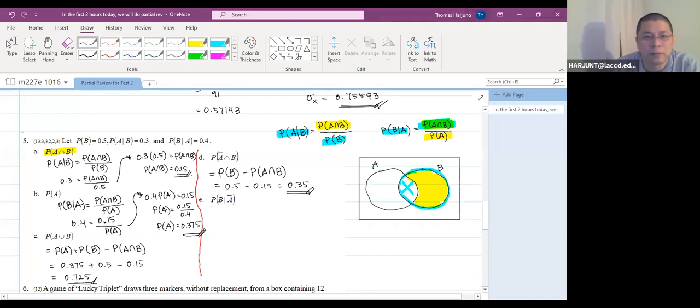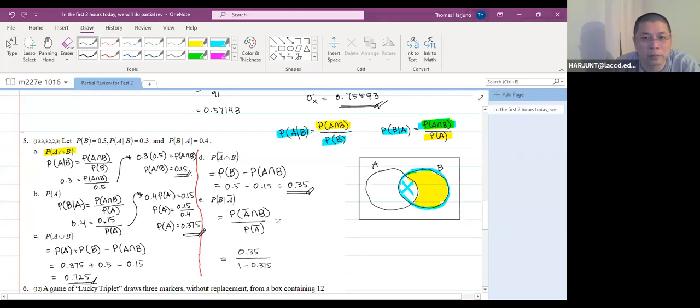Okay. Now, finally, what is the probability of B given not A? That's the probability of the intersection, not A but B, over the probability of not A. That is equal to 0.35, that's from part B, over 1 minus the probability of A, which is 0.375.